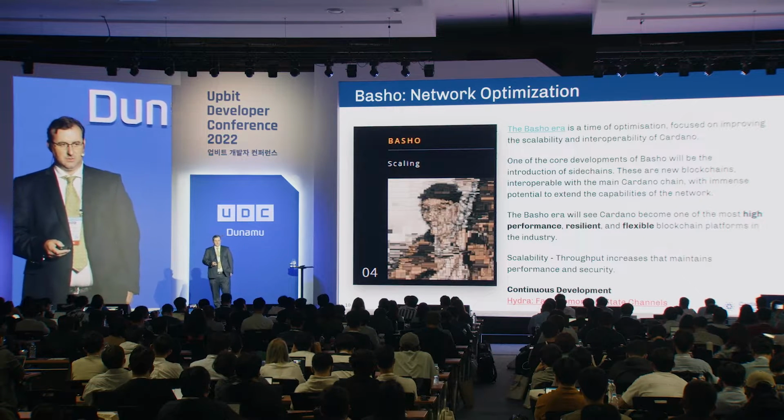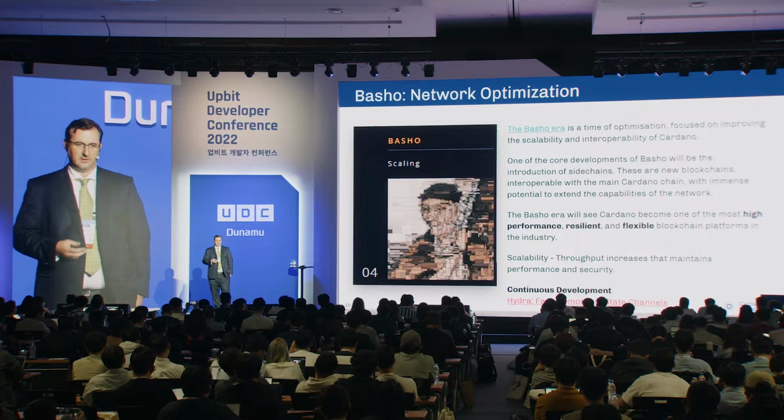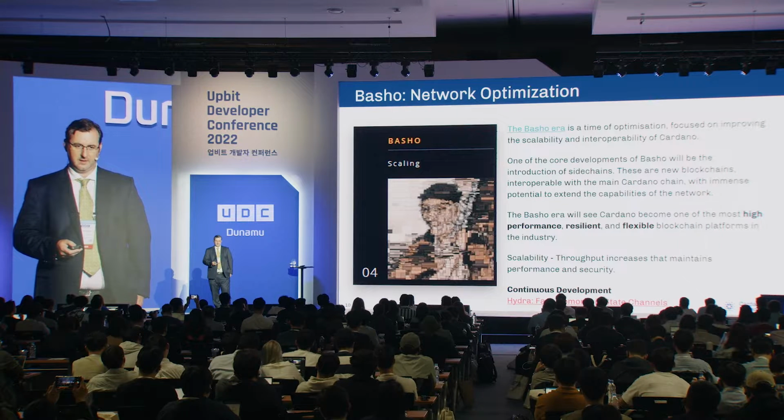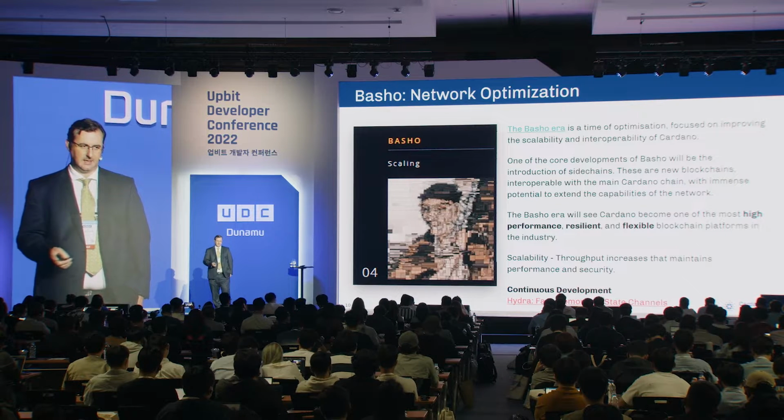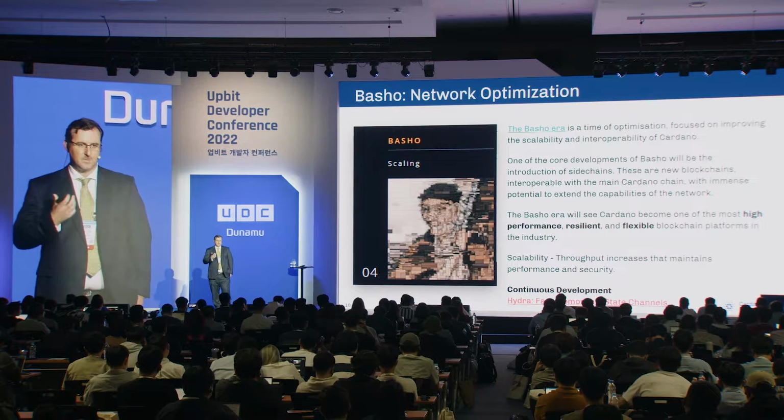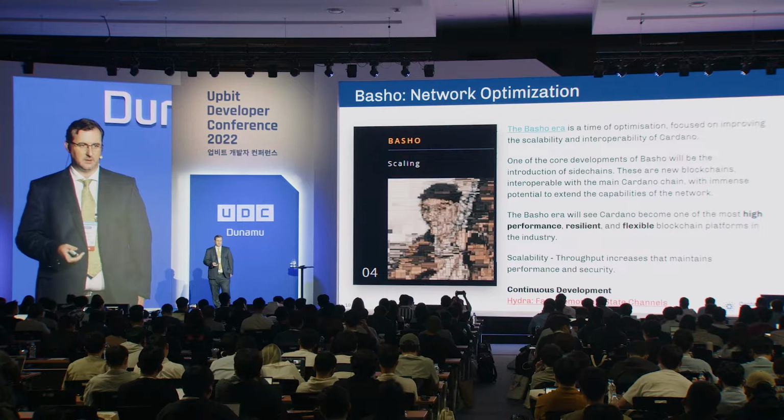Then we have Basho, which is about scalability and solving that big problem that everyone's talking about. So in Basho, we're talking about input endorsers, we're talking about pipelining, we're talking about making the layer one as performant as a layer one can possibly be.